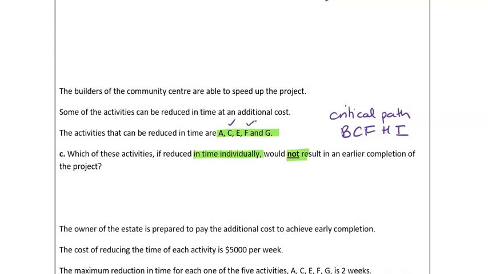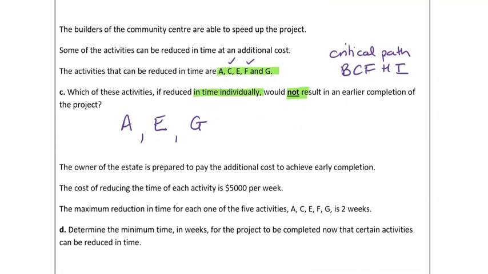F will definitely have an impact, which means that activities A, E, and G, if reduced individually, will not have an earlier completion time. Often you get asked the opposite of that, which ones will. So just be careful. They will, like we have here, bold and underline the not, if it's something that's a little out of the ordinary.